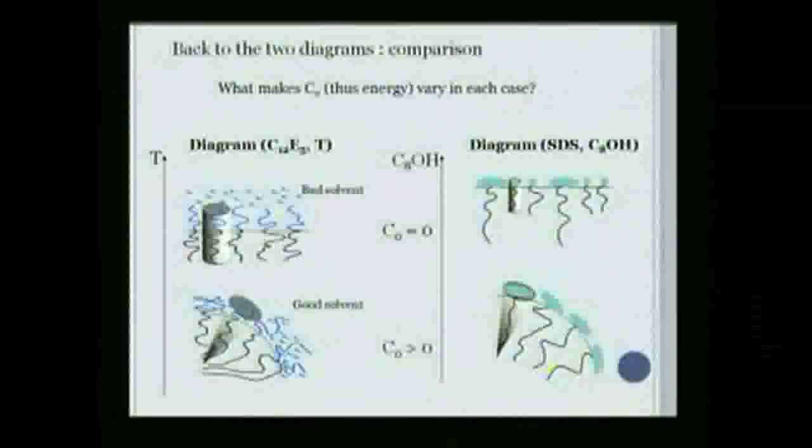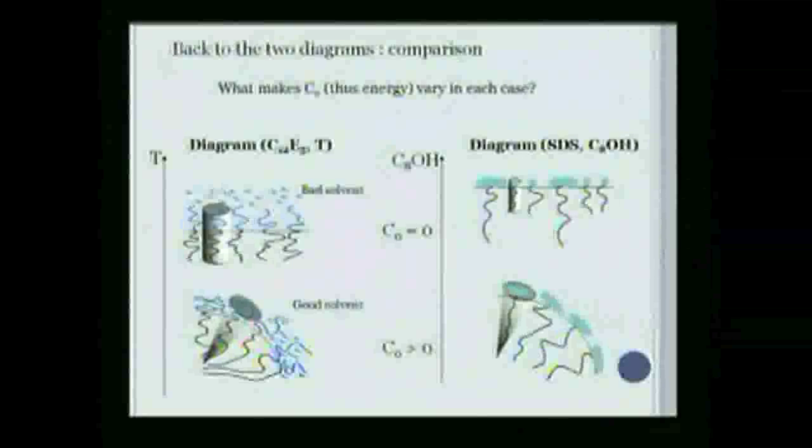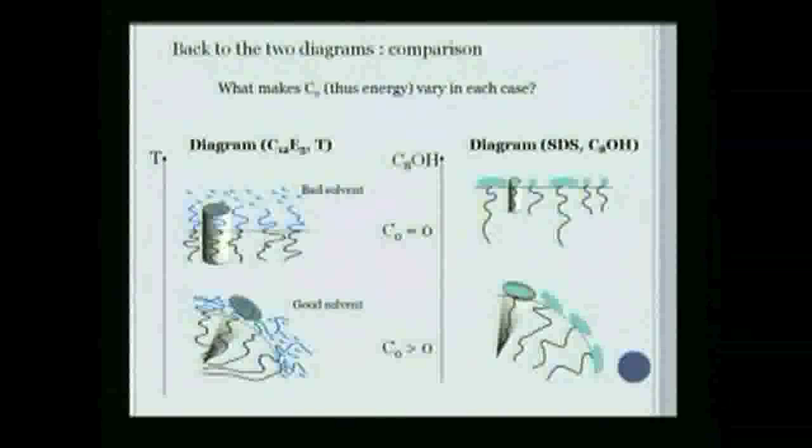So, if you imagine that you don't have any octanol in the phase diagram, you have SDS surfactant. We know that the shape parameter is this one, so the curvature is high. It will form, of course, spherical micelles. And then you begin to add a little bit, or even more and more, octanol molecules.